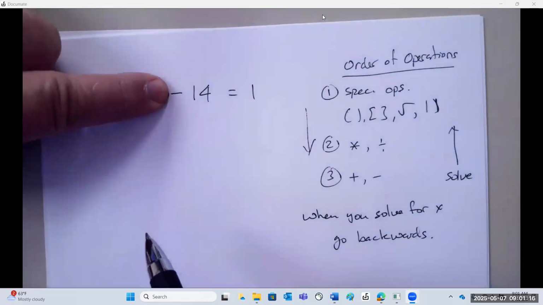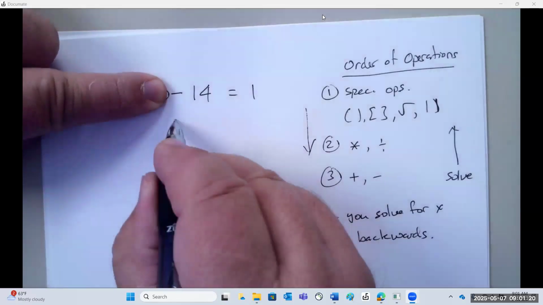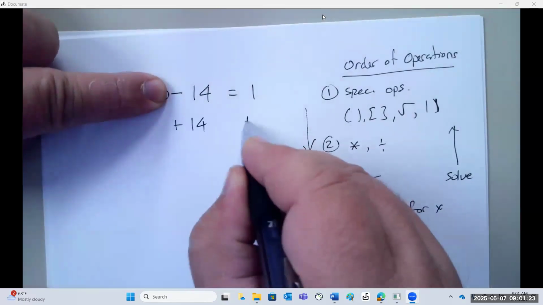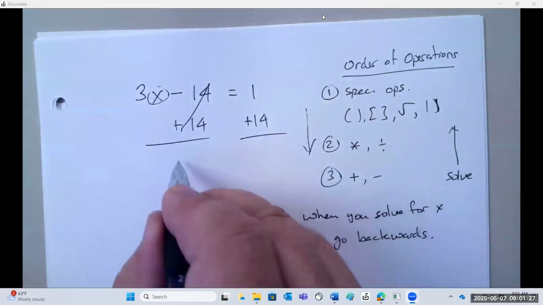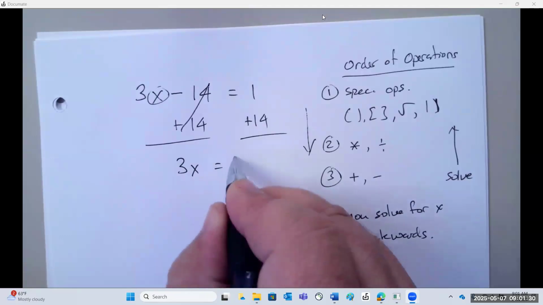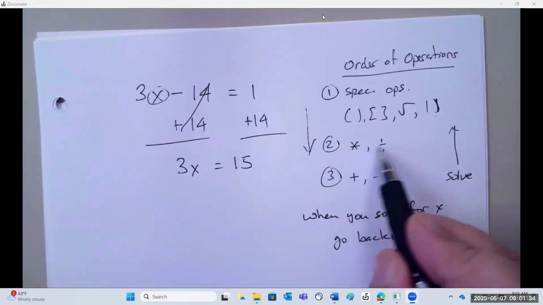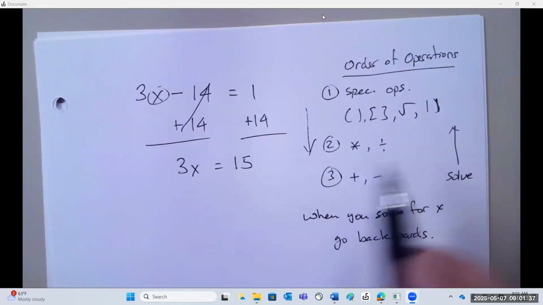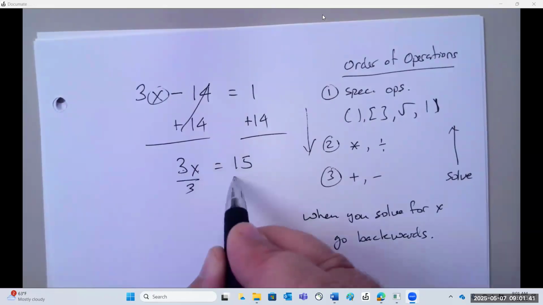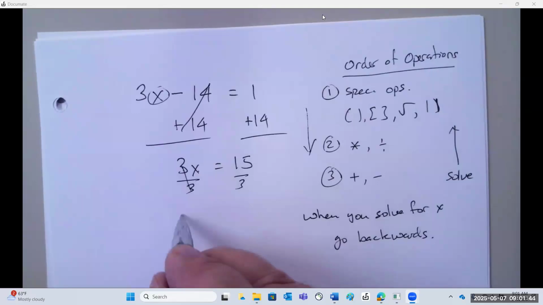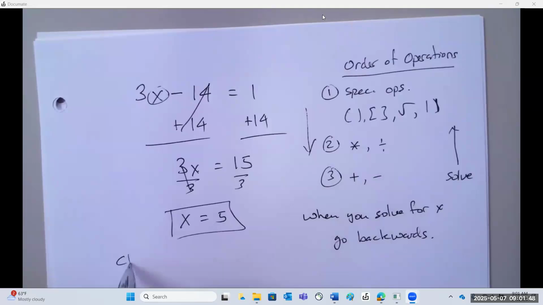So anything that's not x, get rid of it. So we would add 14 to both sides. Okay, no more plus and minuses. So get rid of multiplication, division. 3 times x. How do we get rid of 3? So x is equal to 5. And there's your answer.